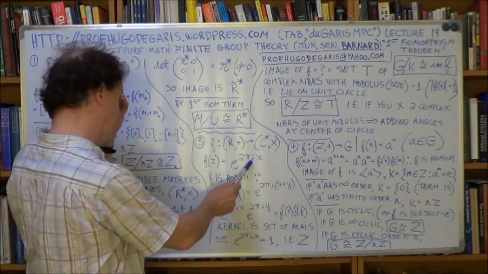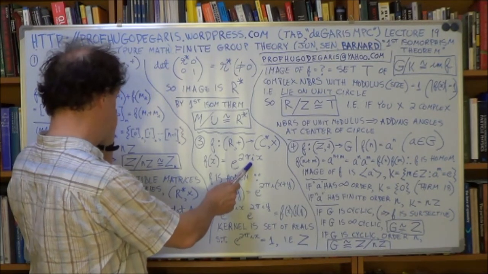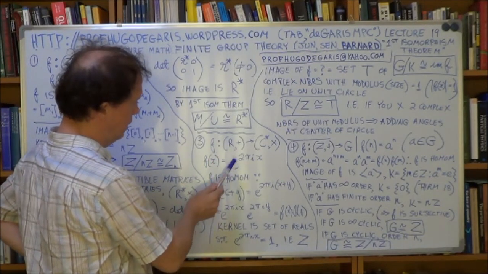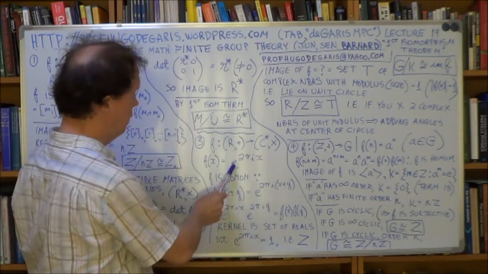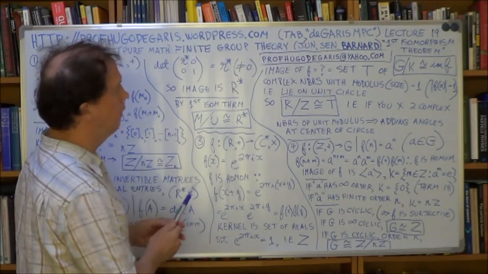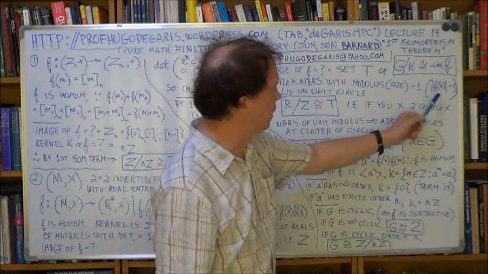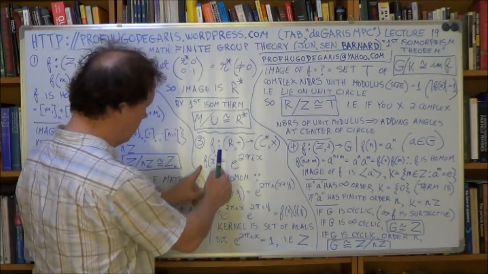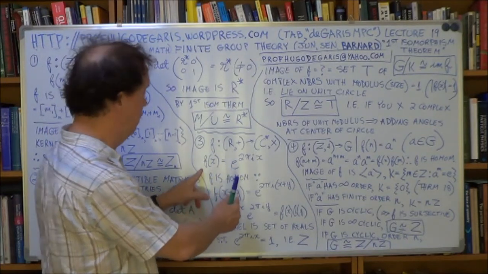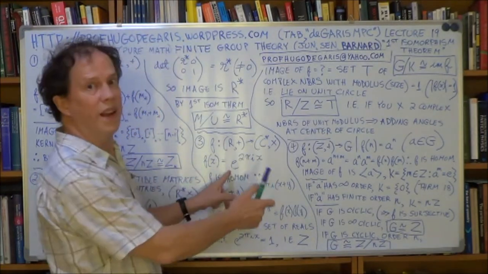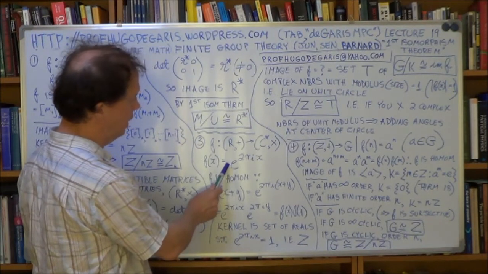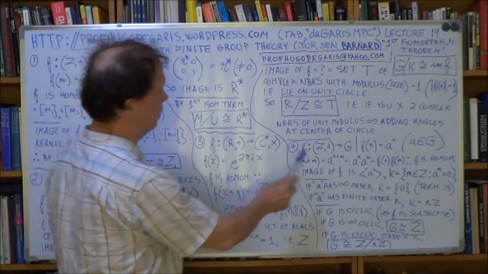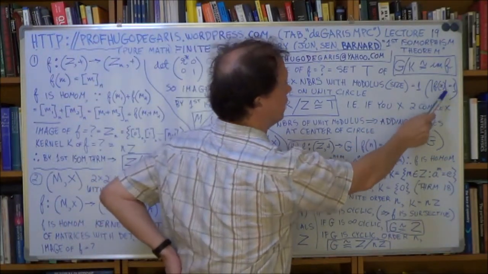Now that's any old complex number, except that its modulus, its size, has to be equal to 1. You can see this. If I take the modulus of f of x, its absolute value, I'll get 1. There's no number outside here. It's just an exponential. So the mod of f of x is 1.